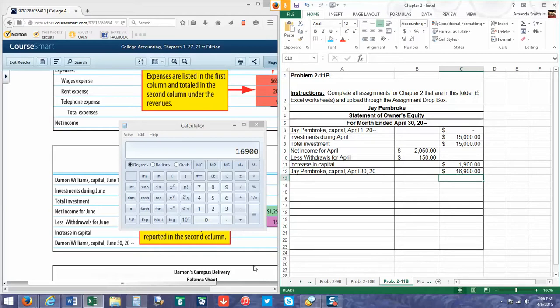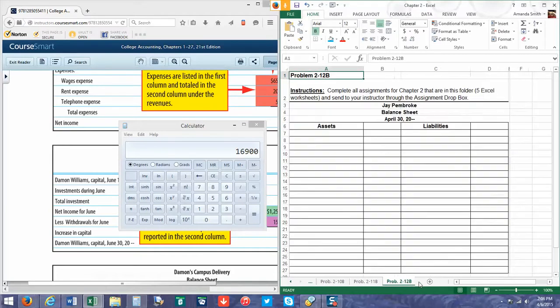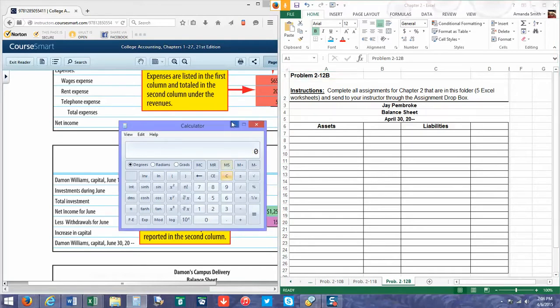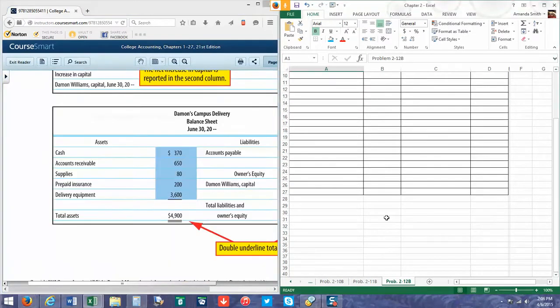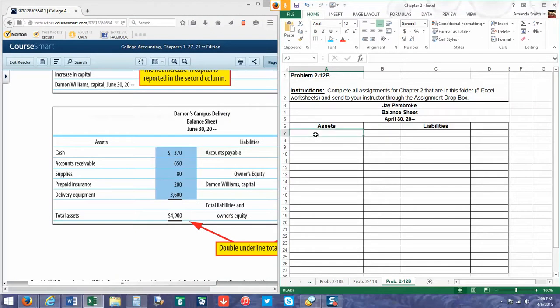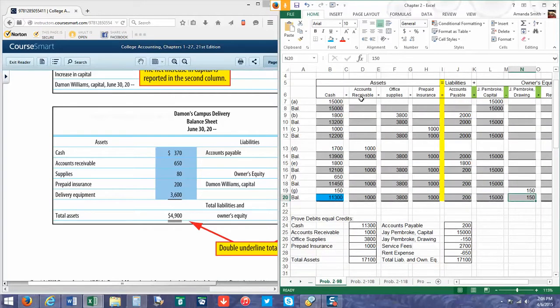We have one sheet left. We have to complete the balance sheet. So what we're going to do is list all of our assets, our liability, and our capital. So we have cash, accounts receivable, and always look at 2-9. We have cash, accounts receivable, office supplies, and prepaid insurance.